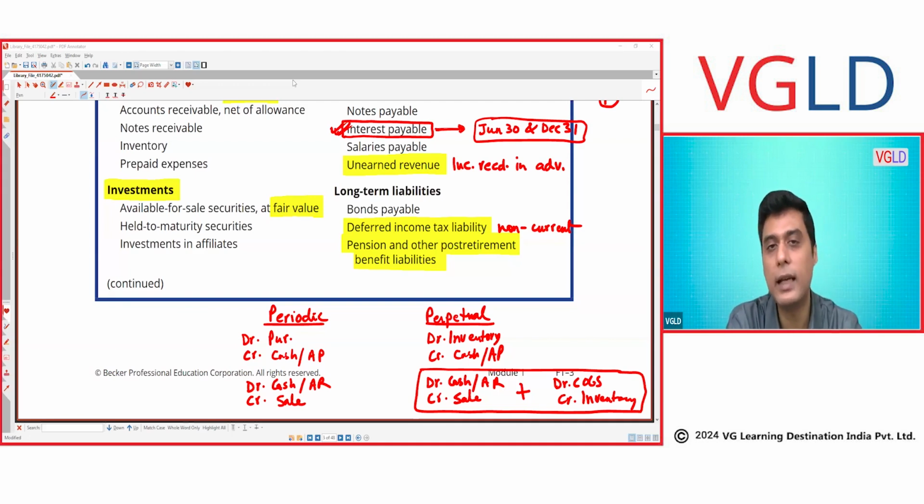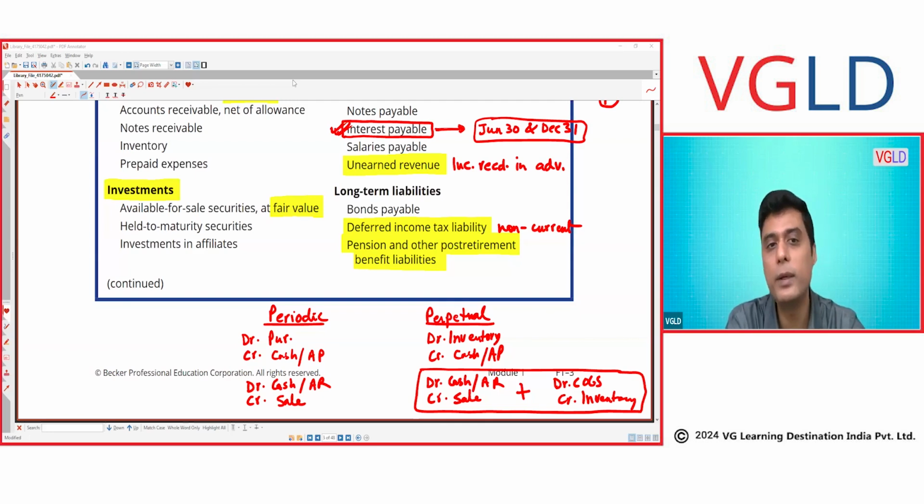That is why they have kept the criteria so stringent that you will only classify it as held for sale when all those 6-7 criteria are met. There are 6 or 7 criteria and they are quite stringent. And one of the criteria specifically says that the company has gone so far ahead in the process that they cannot come back now. Right?